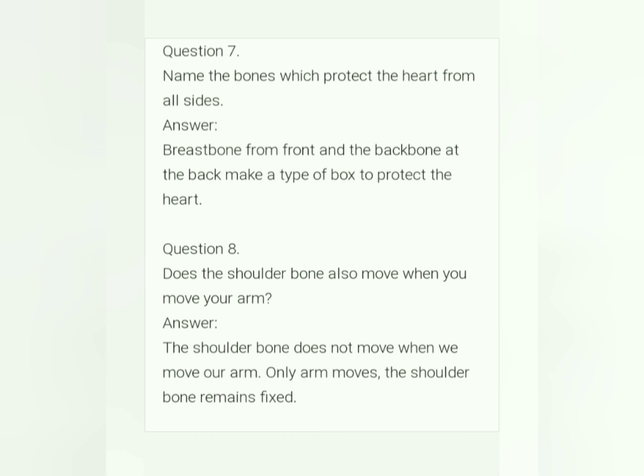The rib cage helps to protect the heart from all sides. Next question. Does the shoulder bone also move when you move your arm? See the answer. The shoulder bone does not move. When we move our arm, only the arm moves, the shoulder bone remains fixed.